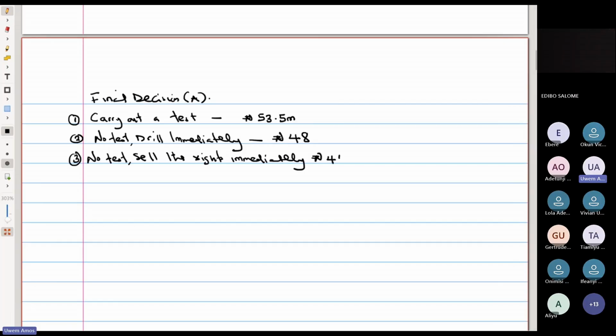So what's your advice to management? Which choice are you going to make? What choice would you make? So what do we do? Carry out the test.